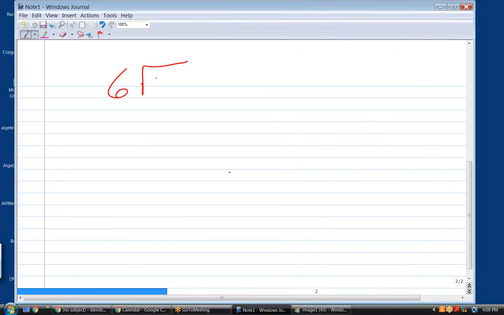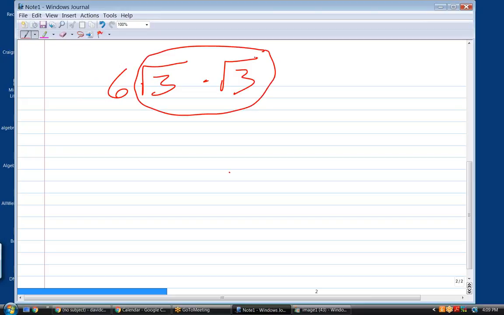When I have 6 root 3 times root 3, I'm multiplying 3 things together, that's all. And you multiply any 2 of them together first. So what's that equal to? Root 9. Oh, okay. That makes sense. Yeah, it is root 9, but what number is that equal to? 3. Okay. Which means now 3 times 6 is 18.